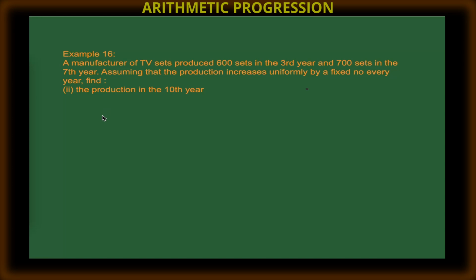Now it says the production in the 10th year. We identified the first year, so now it says the 10th year. We know the formula: A n is equal to A plus n minus 1 into D. So here n is equal to 10. Can we find A?